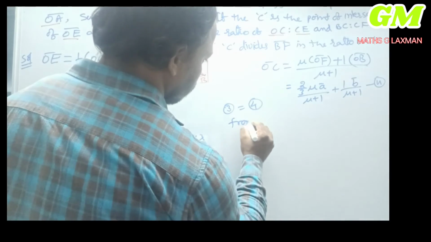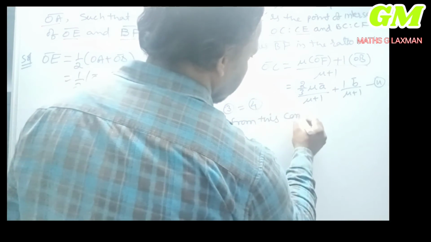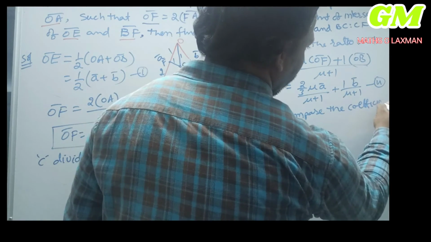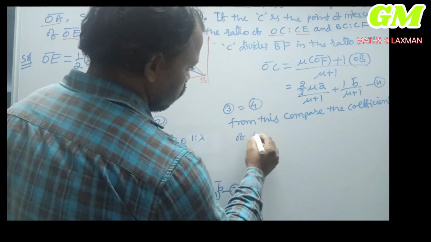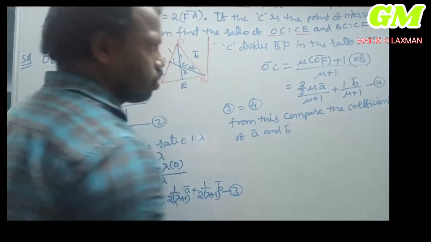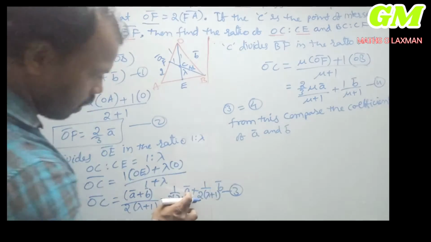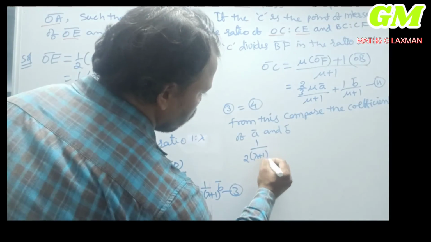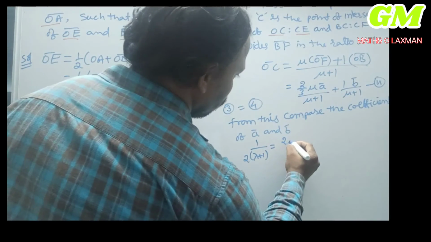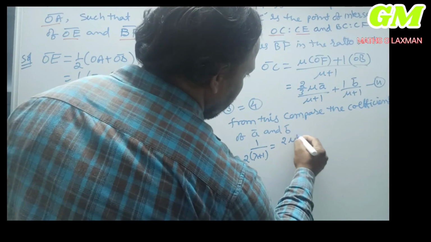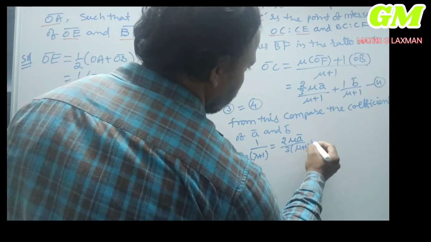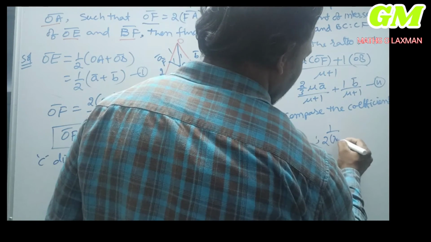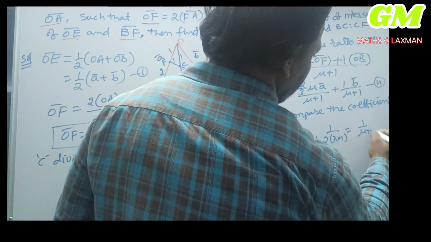From this, compare the coefficients of A and B. When you compare the coefficients of A and B, here A is there, here A is there. So 1 by 2 times of lambda plus 1 is equal to 2 mu divided by 3 times of mu plus 1, and comparing the B coefficient, 1 by 2 times of lambda plus 1 is equal to 1 by mu plus 1.